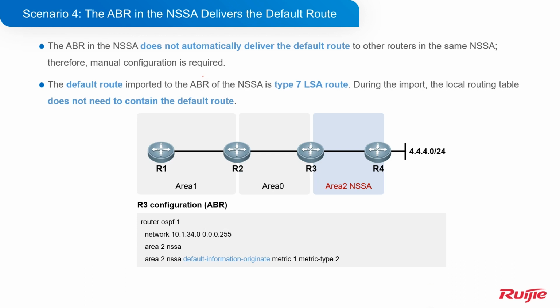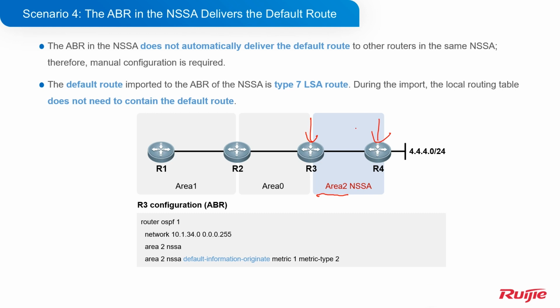Okay, so for this topology, we will set area 2 to become the NSSA area. So we have to configure the NSSA command on R3 and R4. And in an NSSA area, we can redistribute the external routes information into our network.